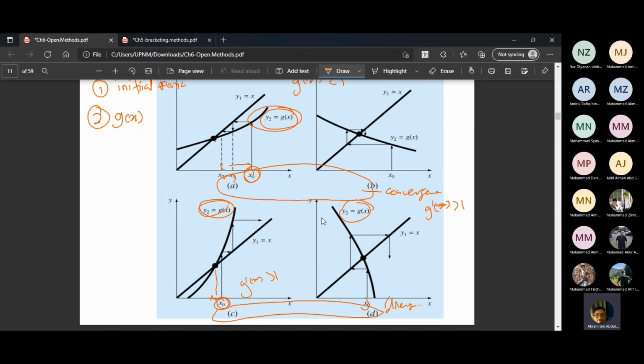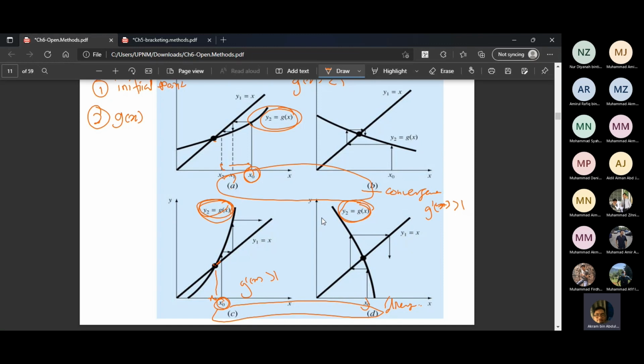While for C and D, by using this function g(x), even though our x naught is very near to the root, if we choose a wrong function g(x), it may diverge from the root.